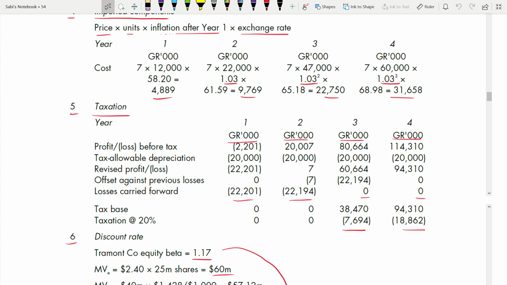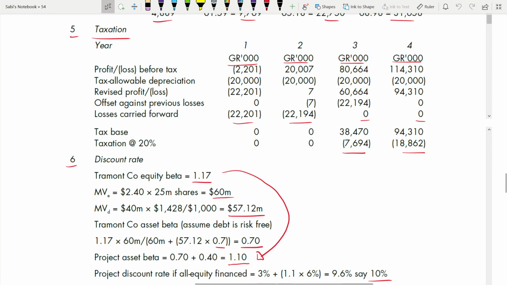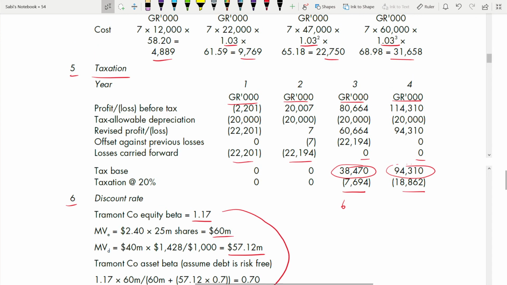Okay, so it is very simple. You just have to take your tax base and divide that by the appropriate exchange rate. So here it is 60, go up, 65.18, and here it is 68.98, and multiply it by 0.1 because the tax is 10%.